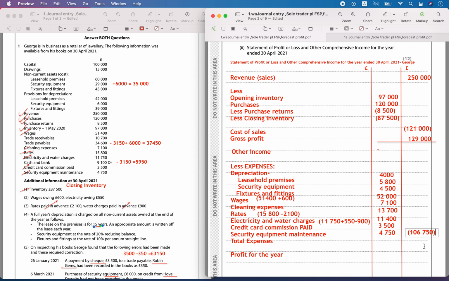So the gross profit is 129,000 minus the 106,750. That value is equal to 22,250. So this is the profit for the year.